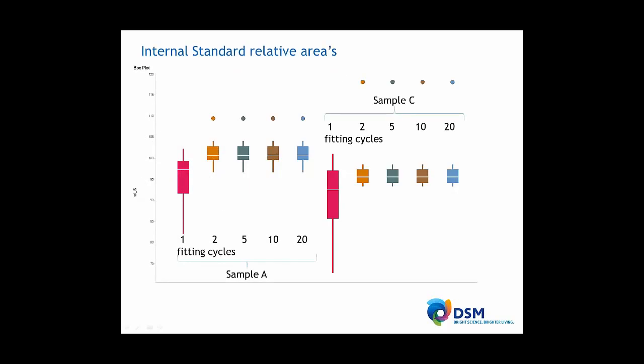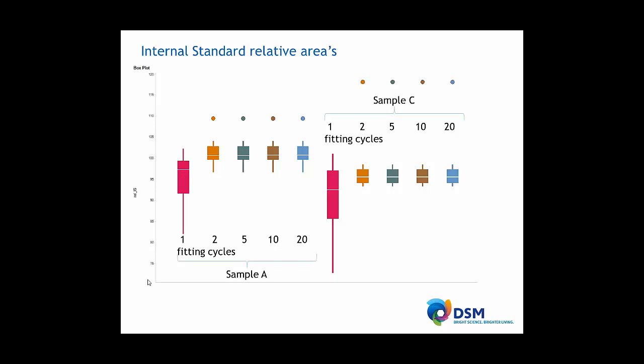Okay, so let's get into the actual results. So what I first did was change the number of fitting cycles for the global spectral deconvolution. You could already see from this relatively easy plot that for the number of fitting cycles that you have, whether it is 1 to 20, you can see there's a difference after 2 fitting cycles, that the differences are almost gone.